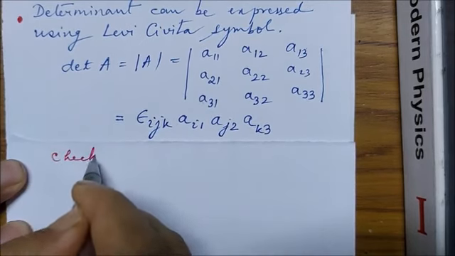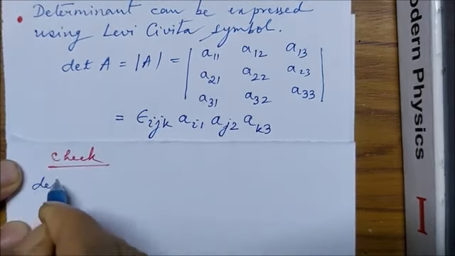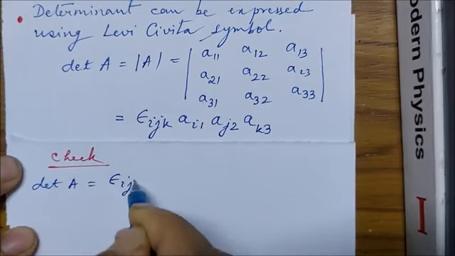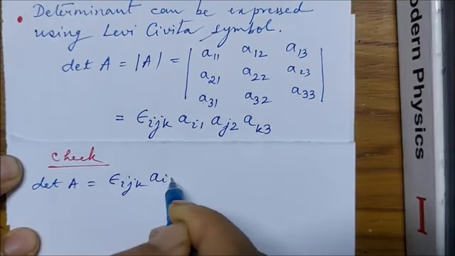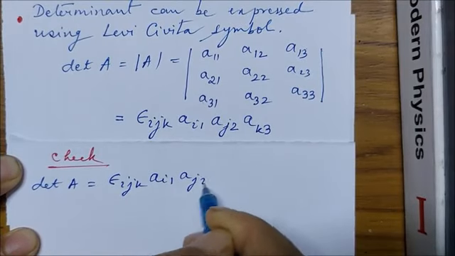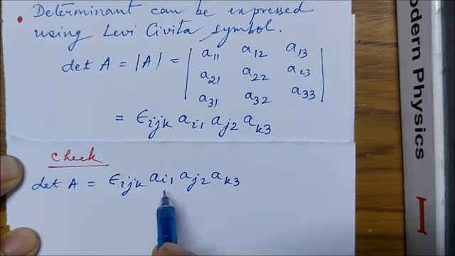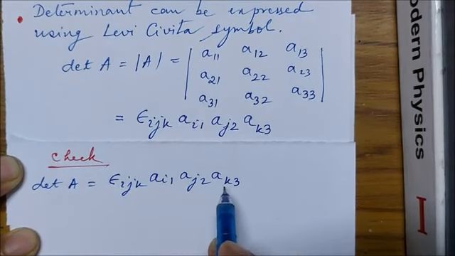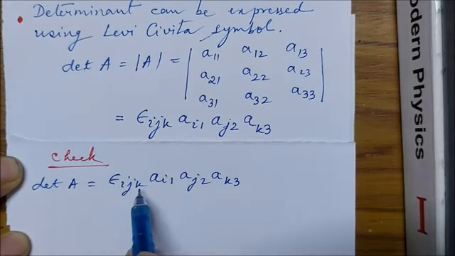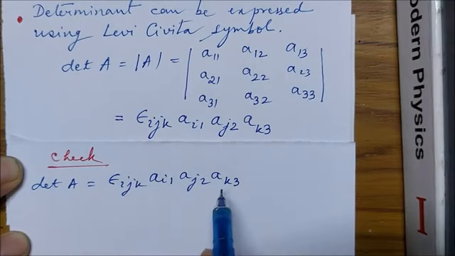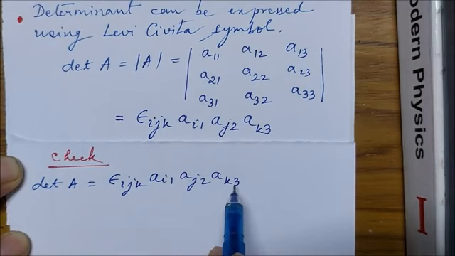So we start with determinant A and this is the Levi Civita symbol, and this is AI1, AJ2, AK3. Clearly I, J, K are the left indices, while the right indices are 1, 2 and 3.